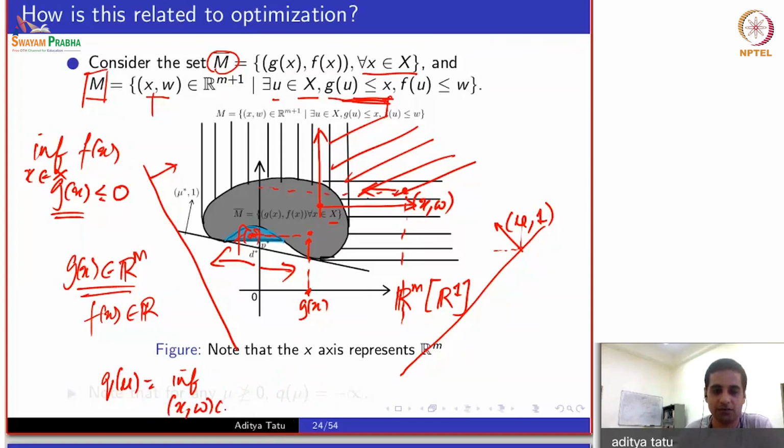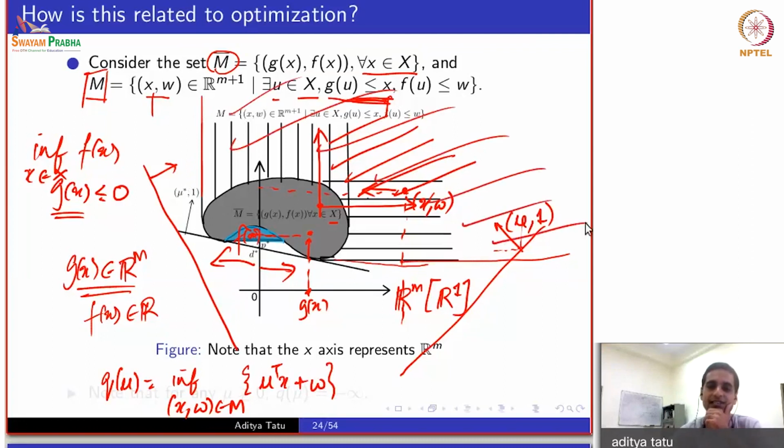The infimum over (x, w) in M of mu transpose x plus w, right? But now this set M extends right up to infinity on the right hand side and plus infinity above. All of these are points in my set M. I take this hyperplane, what will be the smallest intercept I will get?